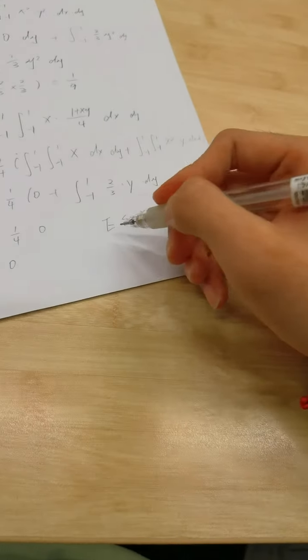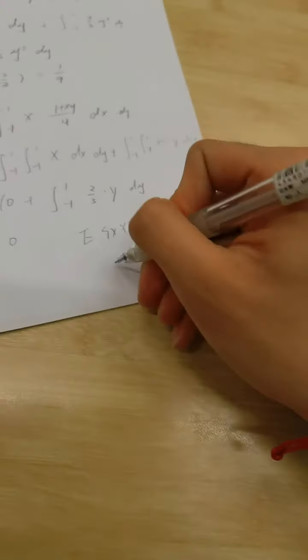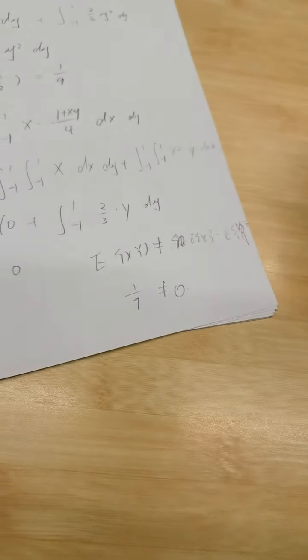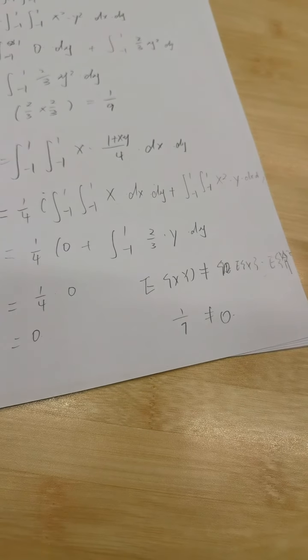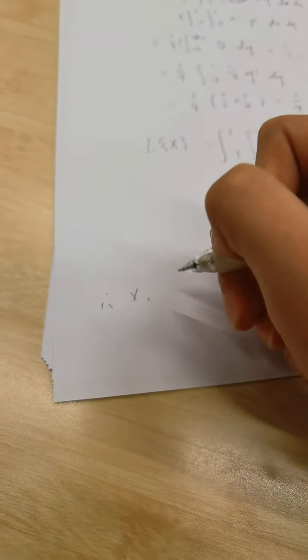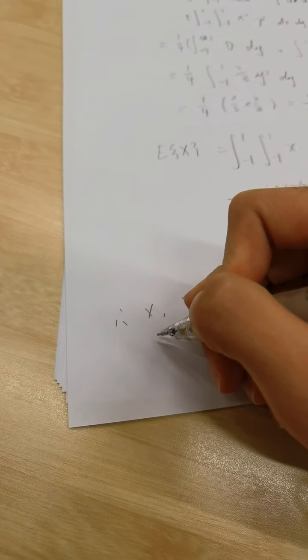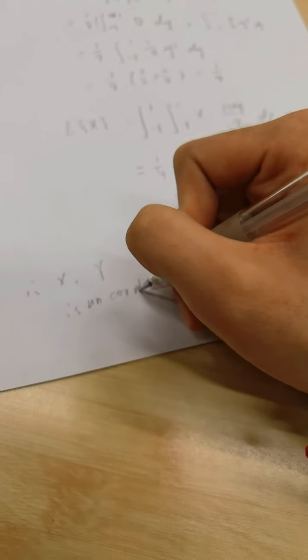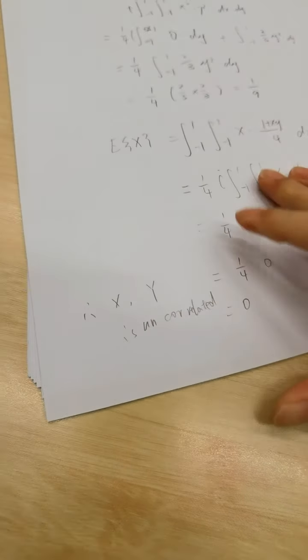This is because E[X] we already get, which is 1 over 9, but E[X] times E[Y] is just 0. So we can prove X and Y are uncorrelated.